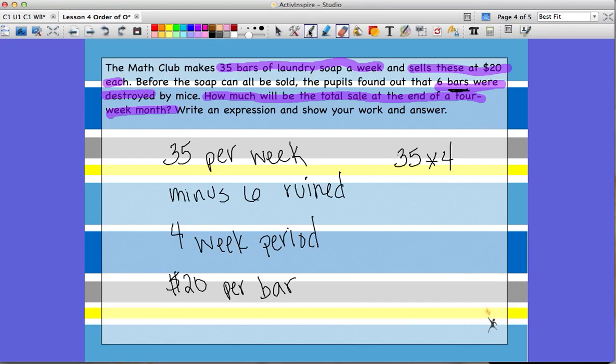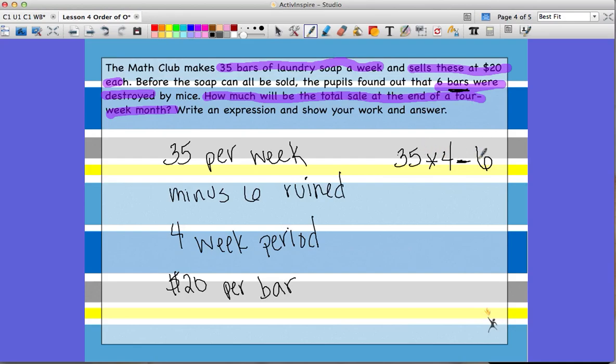So we have to put all the bar information together. So what this means is, now that we're doing the 35 times 4 to get the total amount of bars, now we have to subtract the 6 that were ruined by the mice. Now that whole thing is going to be multiplied by $20 a piece, because this right here is going to tell us the total amount of bars that were made.